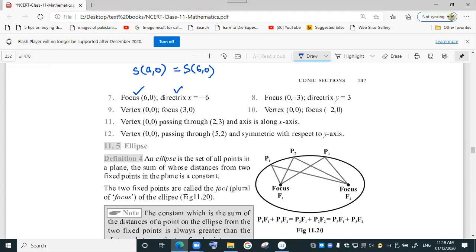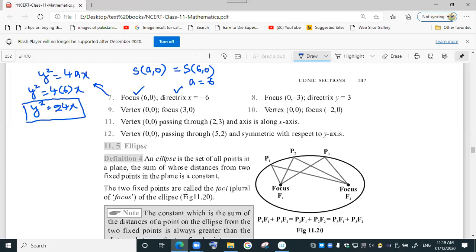You can compare. So a is equal to 6. Find the equation, and this equation is y square is equal to 4ax. This is a right side parabola. Put the value of a, 6, so 4 into 6, x. So y square is equal to 24x is the equation of this parabola.